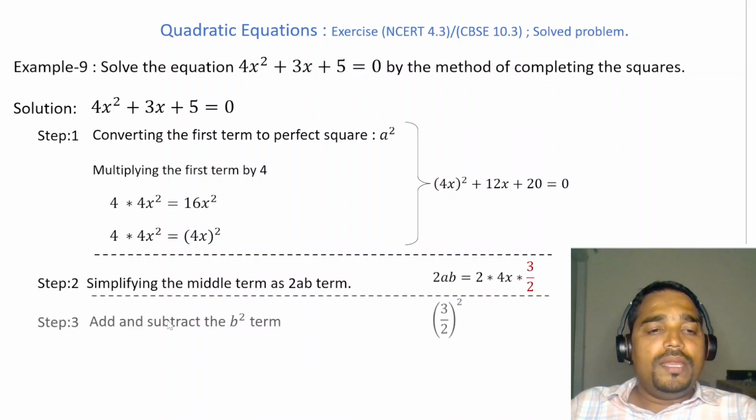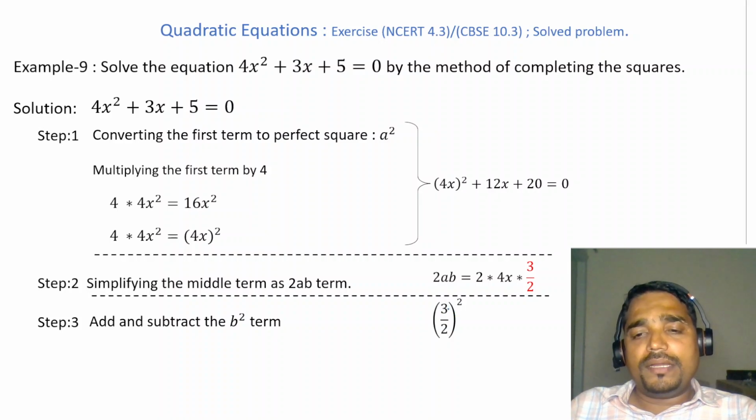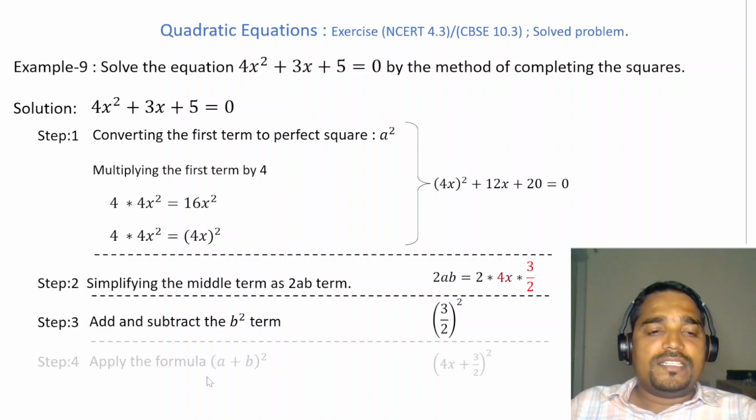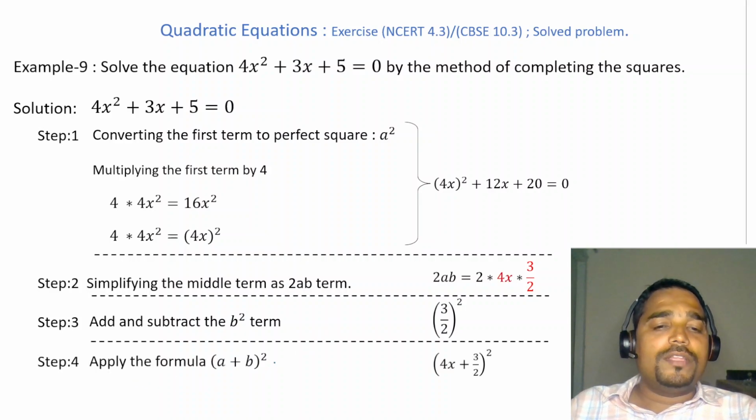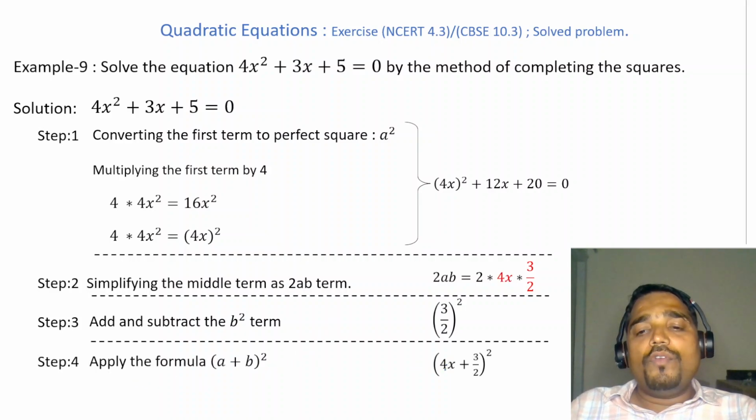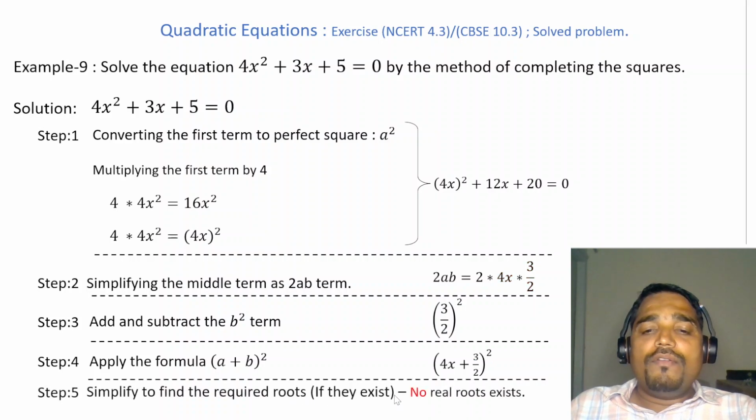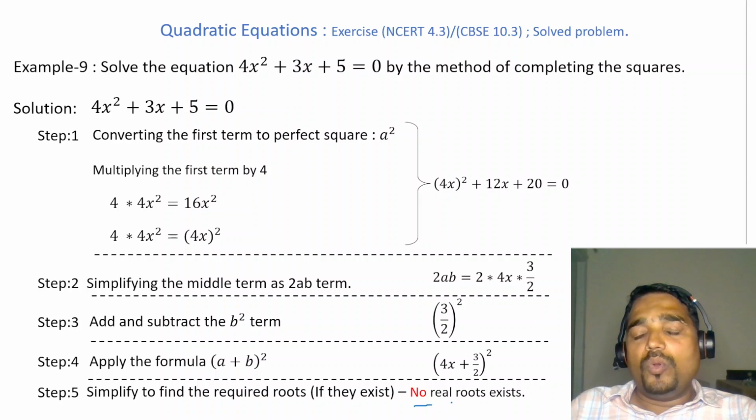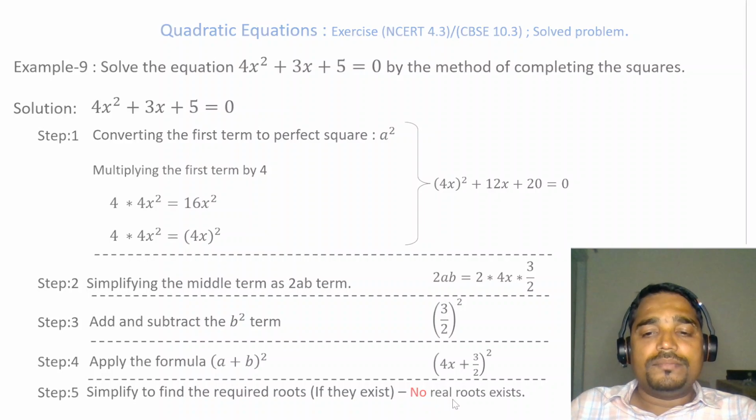In step number 3, to add and subtract the b square term, we have added and subtracted (3 by 2) whole square. In step number 4, we have applied the formula (a plus b) whole square, wherein we got (4x plus 3 by 2) whole square after applying the formula along with two more terms. After simplifying, we found out that within the square root there is a negative number. That is, to conclude, we said that there are no real roots which exist.